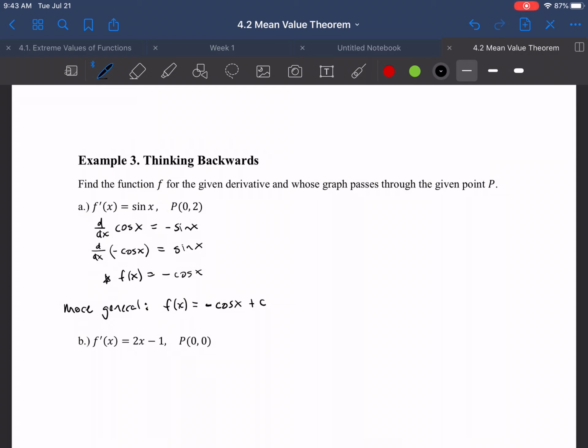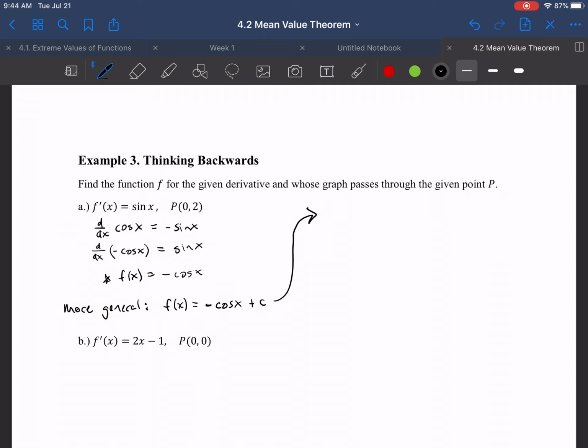It might be a 0, it might be a 1, it might be 100. And when I take this derivative, this part's going to give me sine of x, this part's going to give me 0. So it's going to go away. All right? So whenever we're working backwards, we pretty much always have to wonder, is there that plus c there? And so now we have to find when it passes through the point 0, 2.